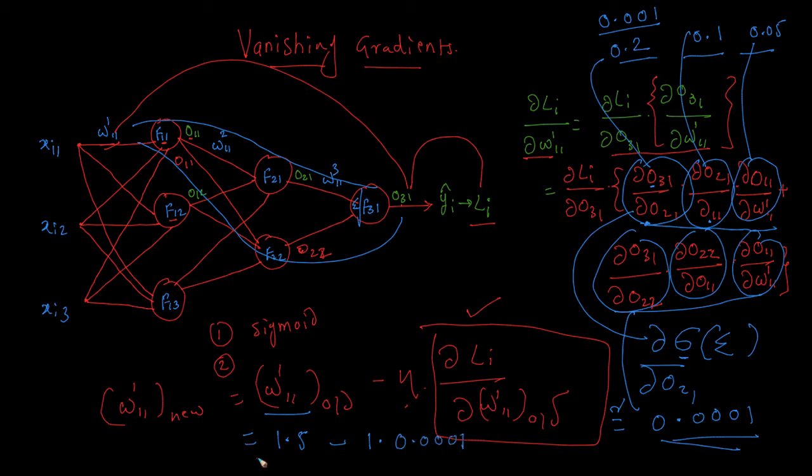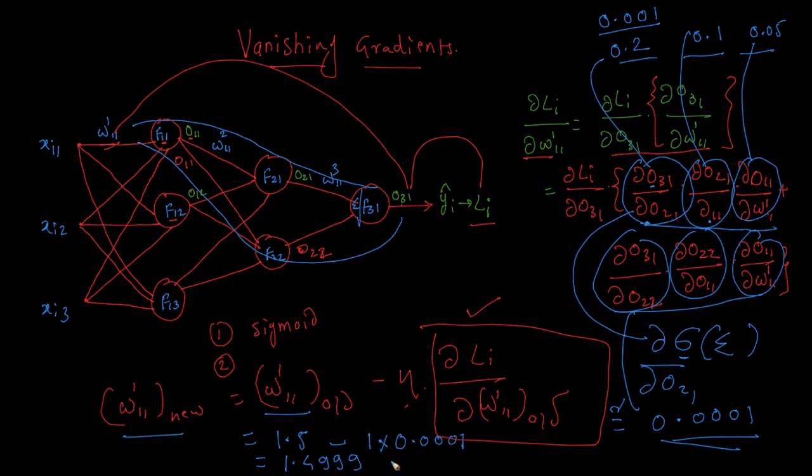So this is the multiplication of eta into this term, 1 into this term. So this will be 1.4999. This is the W111 new we get.